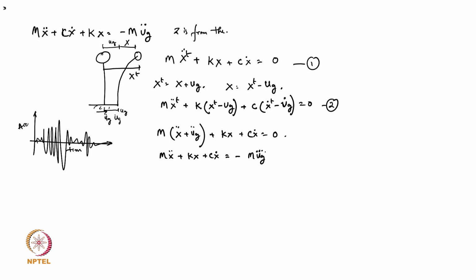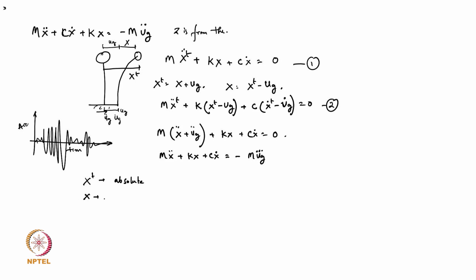Make sense? So this means my x is relative to the ground, not the absolute. xt is the absolute frame.